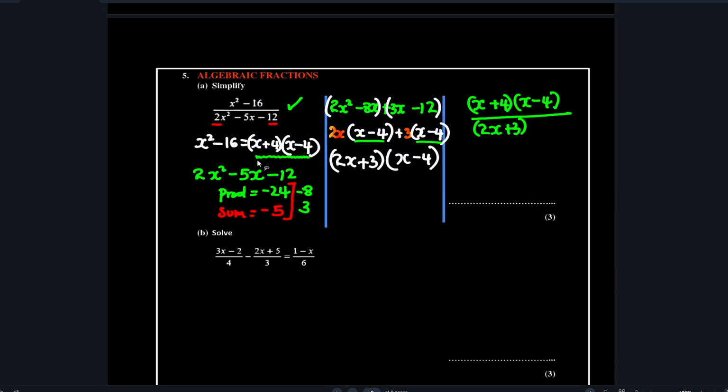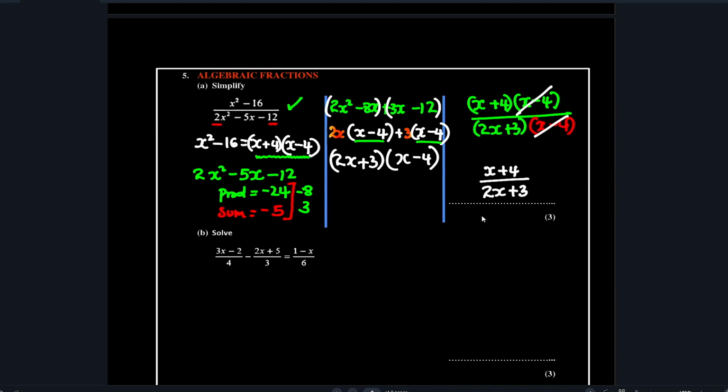There's something very interesting there. You can see there are brackets which are the same, and those are going to be cancelled so that we have the simplified format. So our final answer becomes x plus 4 over 2x plus 3. That is what you are supposed to have.